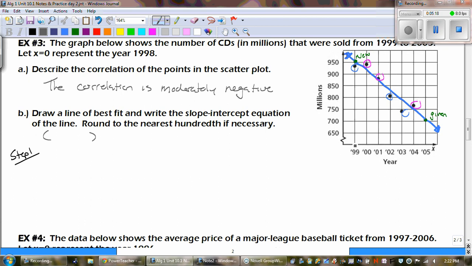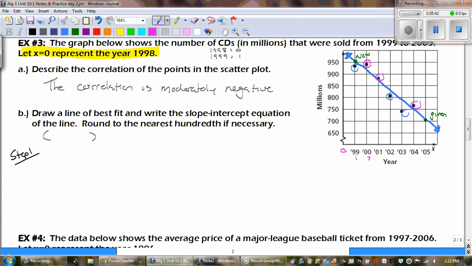And what number am I going to use? Am I going to use 99 for that? Well, no. Remember that it said right here that 0 represents the year 1998. So if 1998 equals 0, what does 1999 equal? Yeah, it equals 1.